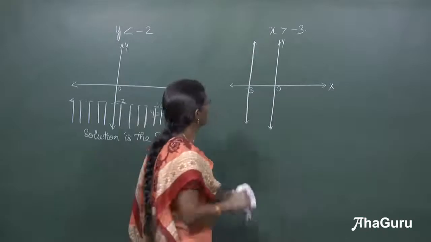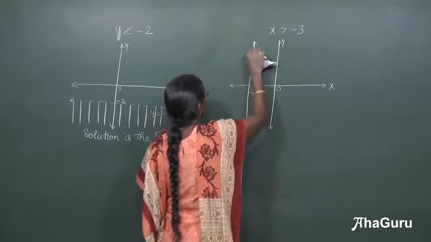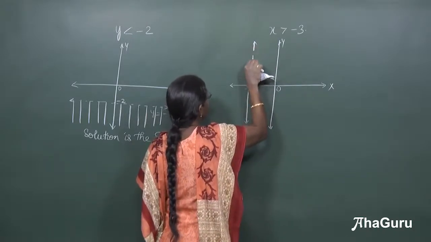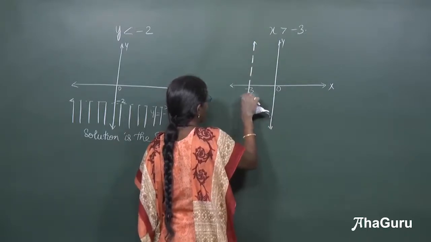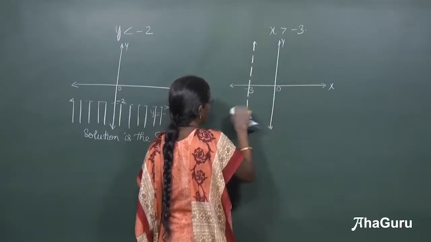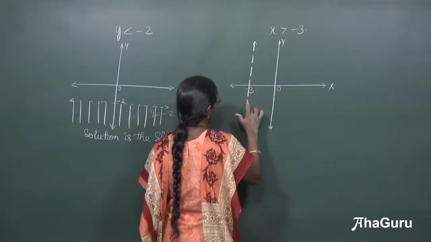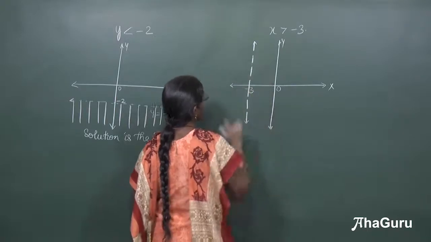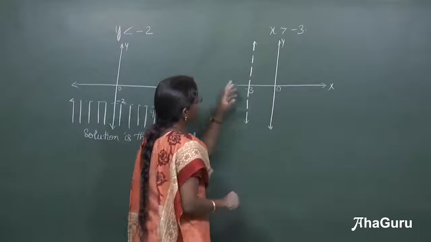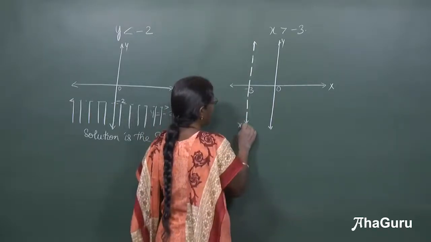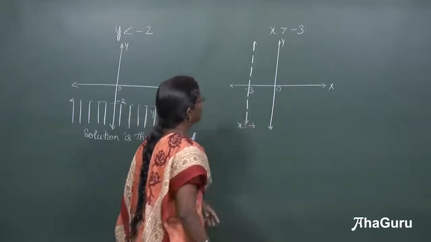It is a strict inequality, so draw it as a dotted line. Now, this will be corresponding to x is equal to minus 3.